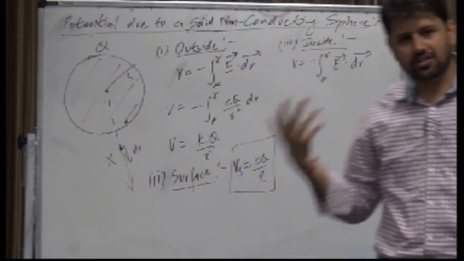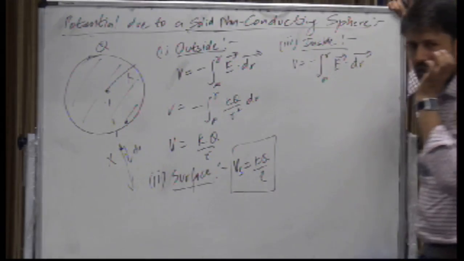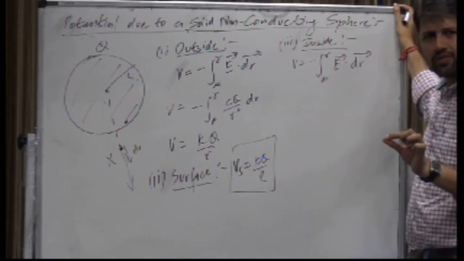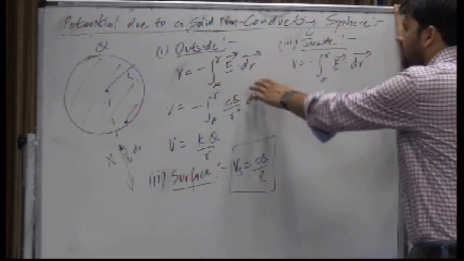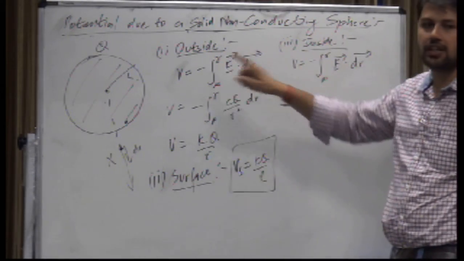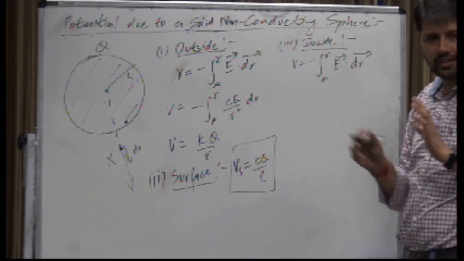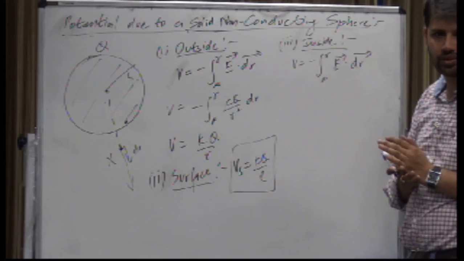So I just got rid of all this. I consider dr in the outward direction. We moved it slightly outward to find this, and then we integrated straight away. So this limit simply means that you brought it from infinity to r. It is the limit which decides how it is happening, right?